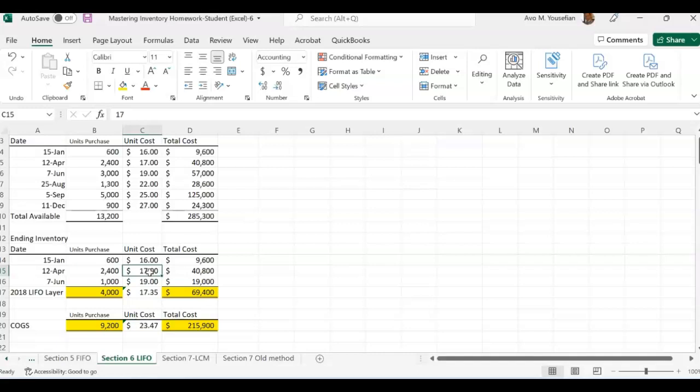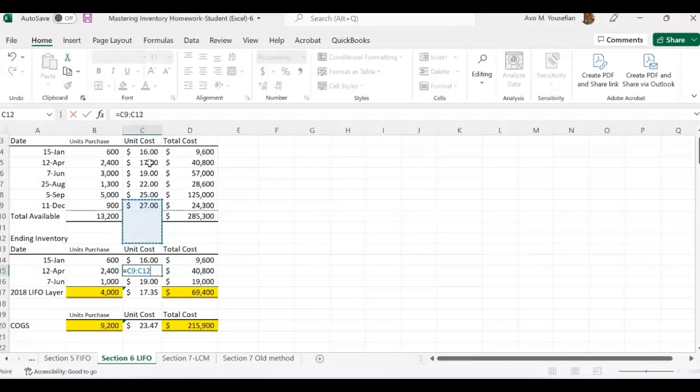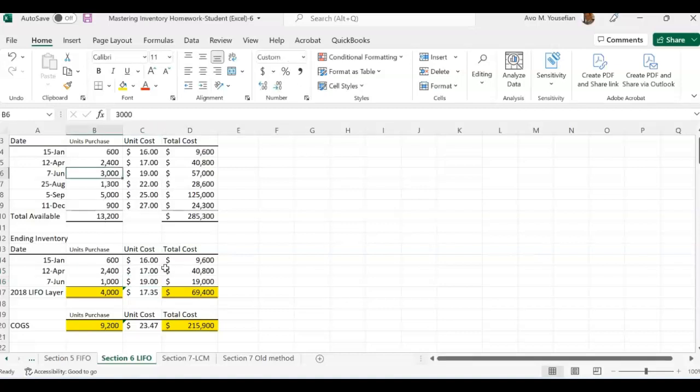And the cost here, $17, instead of typing it, you better just say equals to that layer. Enter. That layer. Enter. So that's not enough. Just 3,000 is not good. We need another 1,000. So another 1,000, you're going to get it from this layer. Make sense? So we get that another 1,000, and the cost of that layer is $19. So let's say equals to that box, which is $19.